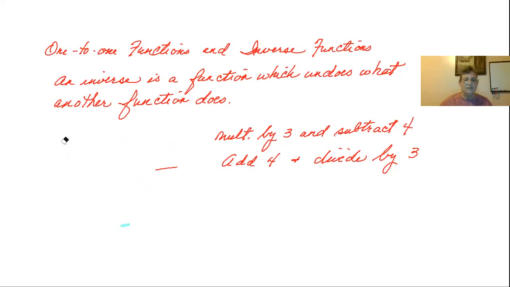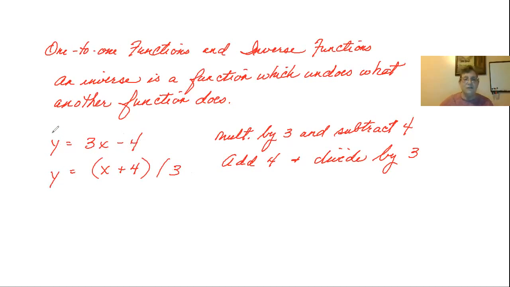As a matter of fact, literally, the inverse function of y equals 3x minus 4 would be y equals (x plus 4) divided by 3. This is the inverse function to that.